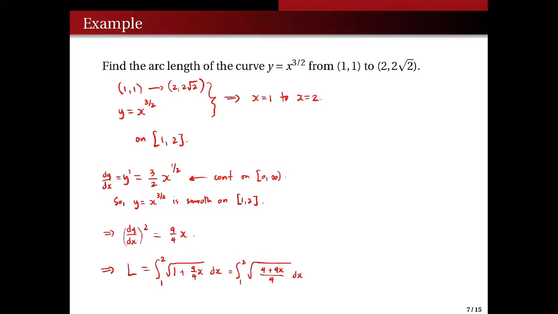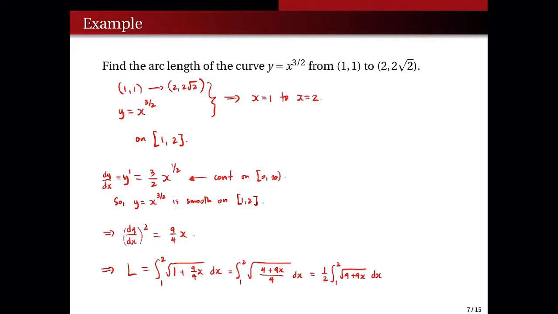Questions? If we simplify this further, we'll just have 1 half integral from 1 up to 2 of square root of 4 plus 9x dx.